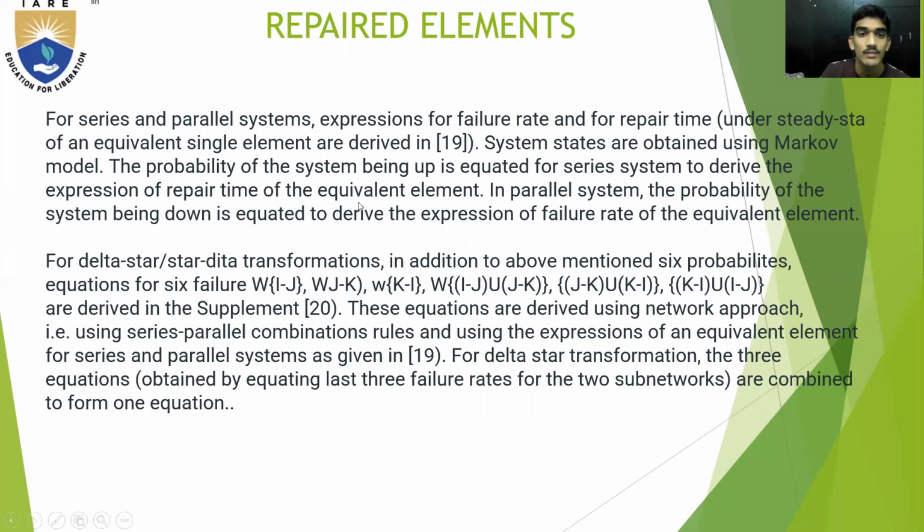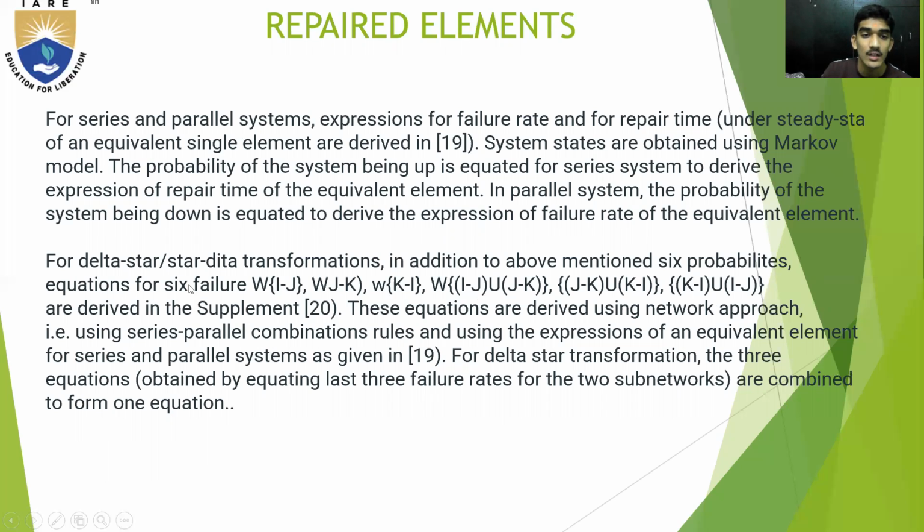The probability of the system being up is equated for the series system to derive the expression of repair time of the equivalent element. In the parallel system, the probability of the system being down is equated to derive the expression of failure rate of the equivalent element.